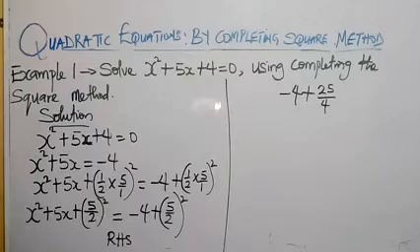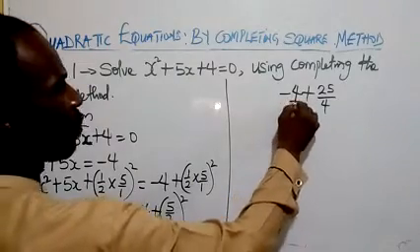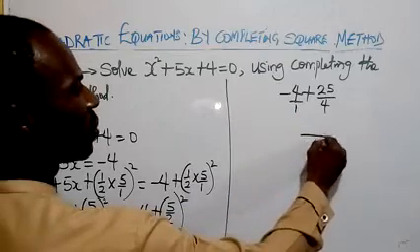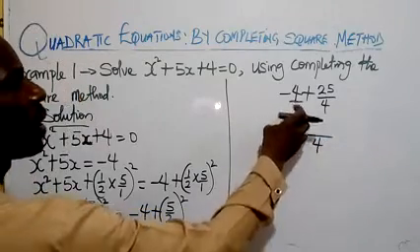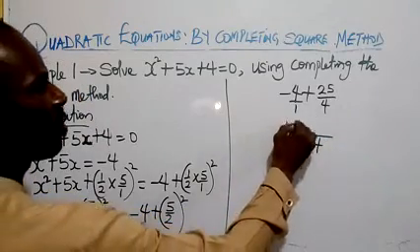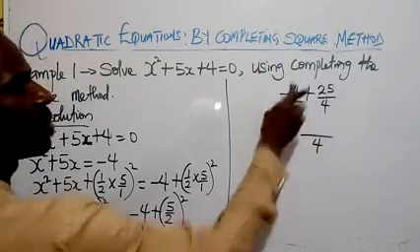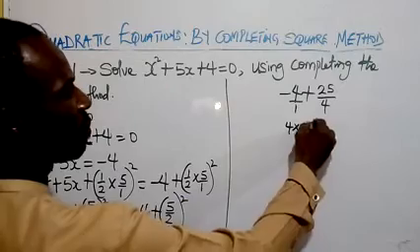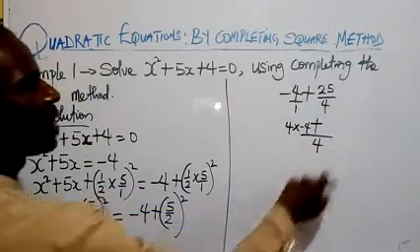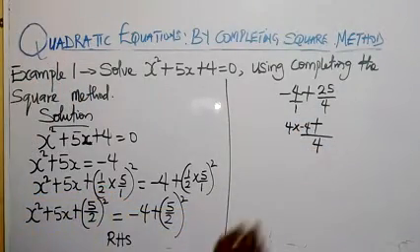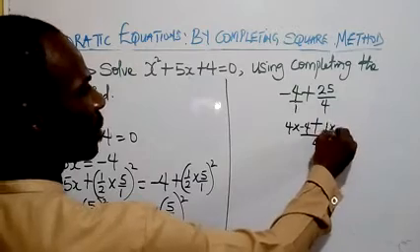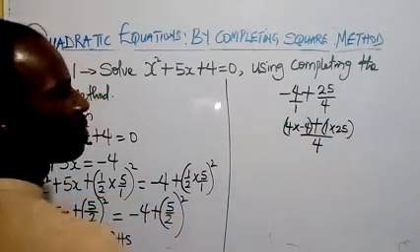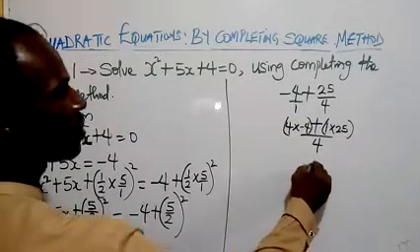Alright, over 1, 2 fractions. Find the LCM of the 2. You have 4. How many 1 can you get in 4? That is 4 times the numerator. Minus 4 plus, how many 4 can you get in 4? 1. 1 multiplied by 25. Alright, you simplify this.